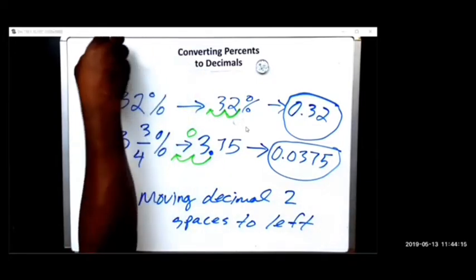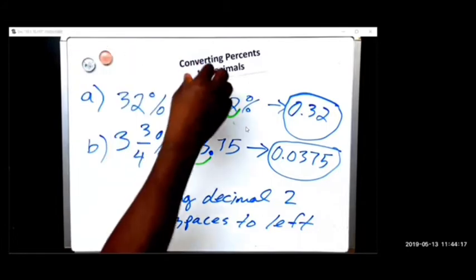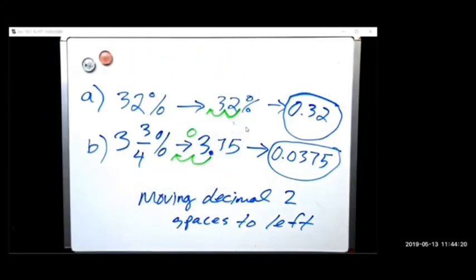Okay, now let's see what you do when you are converting from a decimal to a percent.